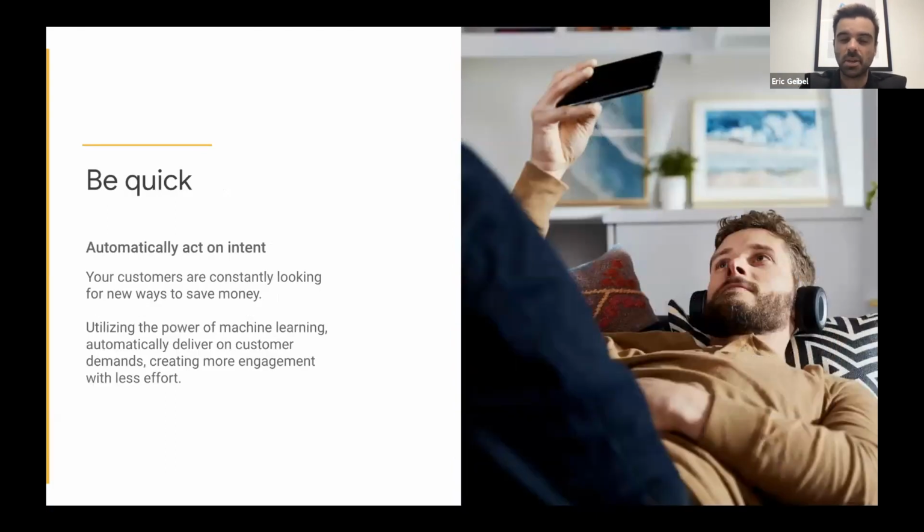The final piece is be quick, right? It's really, really important that you're fast. Me personally as a consumer, if a website doesn't load fast enough on my mobile device, I'm most likely going to give up on that business. The general rule of thumb that Google advises is your mobile site needs to load in 3 seconds or less. If it does not, you will lose out on that consumer's intent.